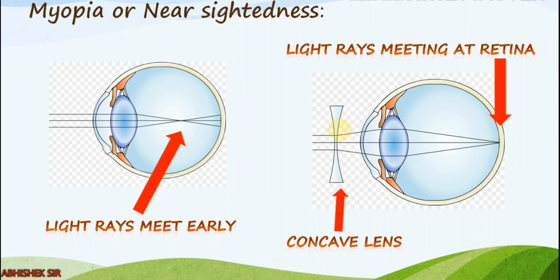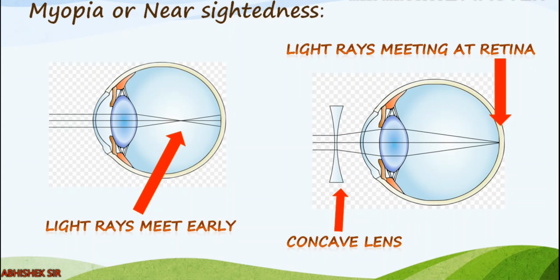So that is the solution: wearing a concave lens of appropriate power. Myopia is also known as nearsightedness because the person suffering from myopia is easily able to see nearby objects but cannot see far objects. Clear? So if he or she wears a concave lens of appropriate power, they can see the objects very clearly.